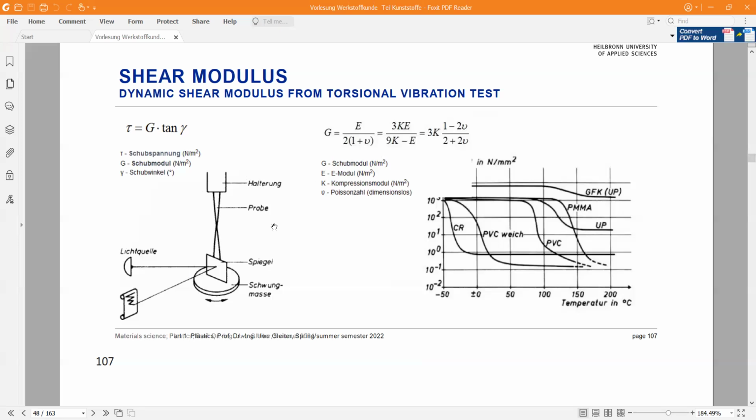And shear modulus we can define with the help of a light source, a mirror, with a mass of vibration probe and fixation.